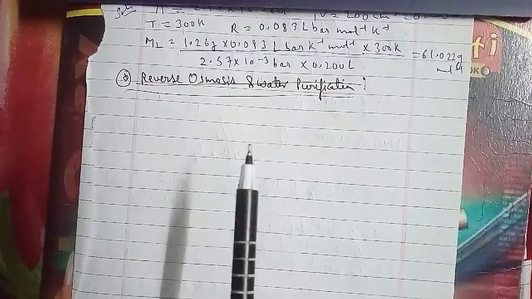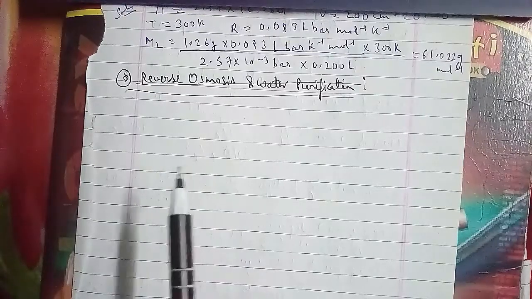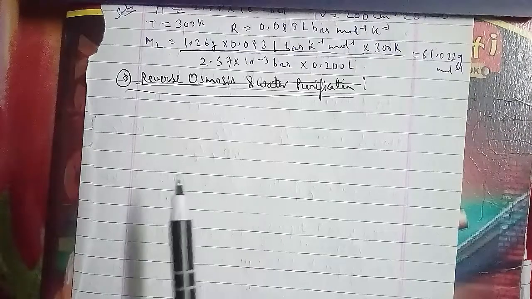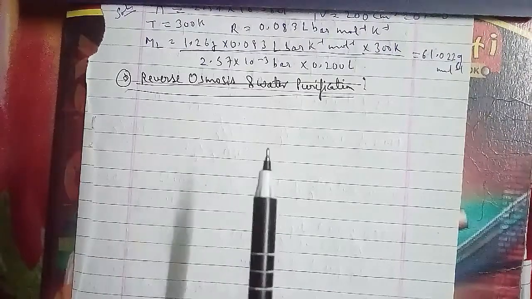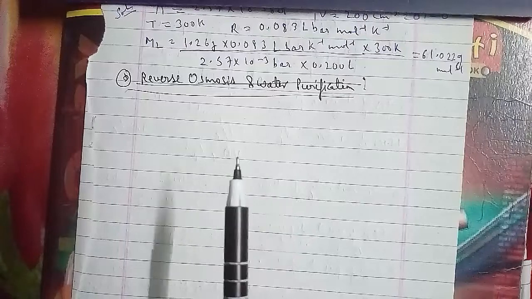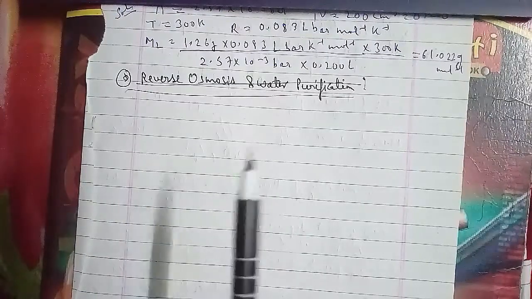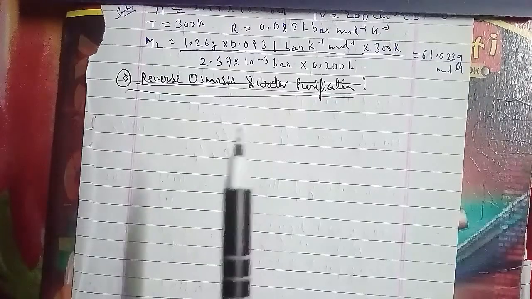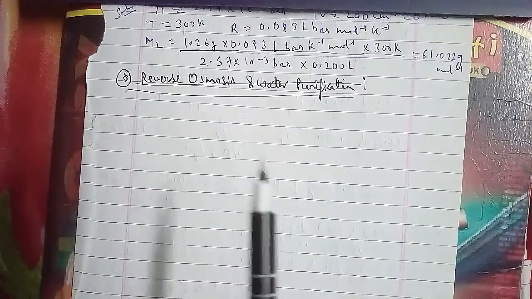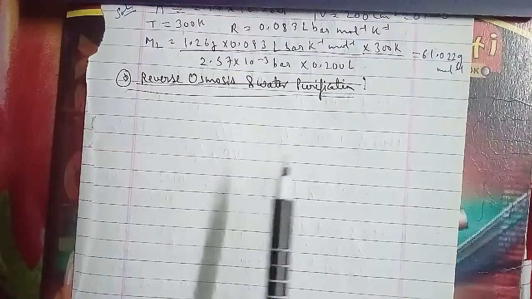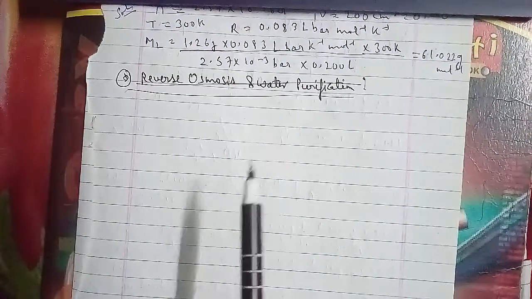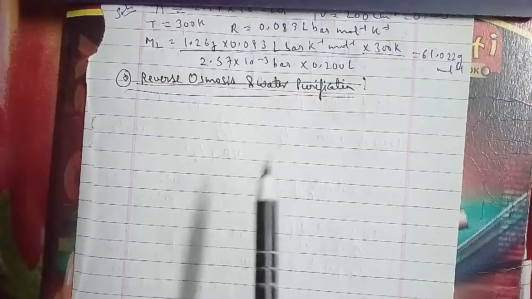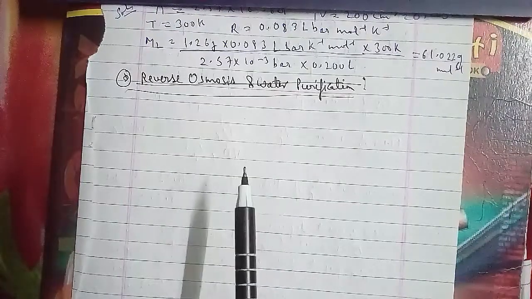Now we will talk about another topic, which is abnormal molar masses. In terms of abnormal molar masses, we know that ionic compounds, when dissolved in water, dissociate into cations and anions.